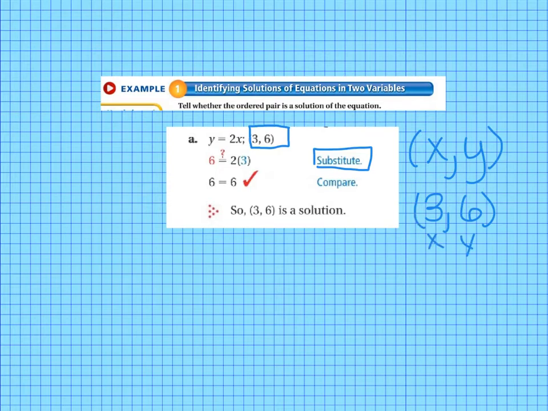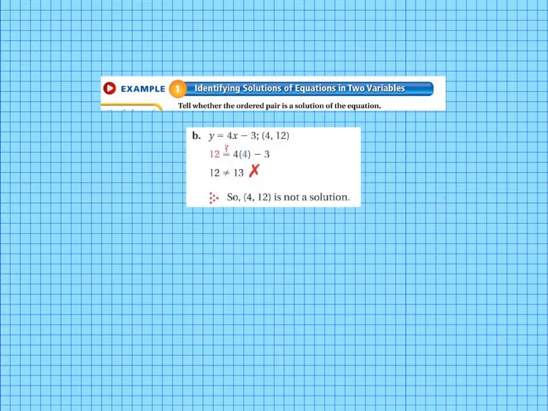They go in alphabetical order if you have trouble remembering that. So where it says y in the equation, you're going to put not a y, but a 6. And where it says x in the equation, you're going to put not an x, but a 3. So then you check to see if 2 times 3 equals 6, and it does. So (3, 6) is a solution.